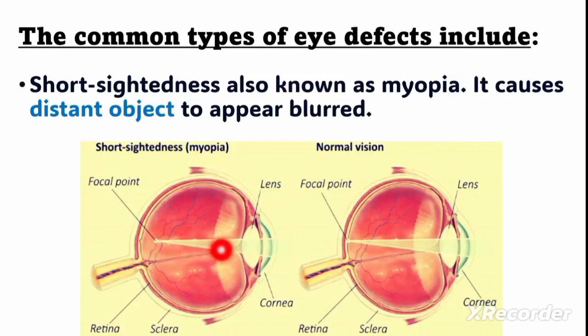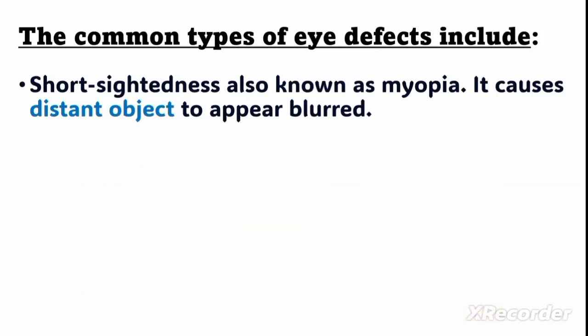So we have the normal vision here, and we have short-sightedness or myopia. On the normal vision, the focal point has formed on the retina. So this is the right place where the focal point must be formed, not here. Because of this, distant objects appear blurred.